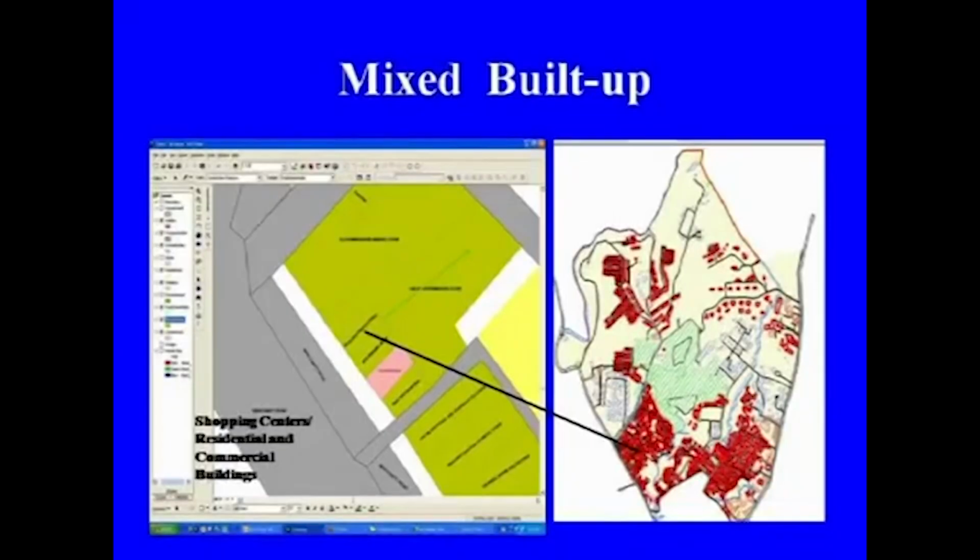This is what is mixed built up area, and it is important to categorize it differently when property tax assessments have to be carried out. This shows some of the mixed built up areas, wherein one would find the shopping centers, the residential and the commercial buildings all existing at one location.